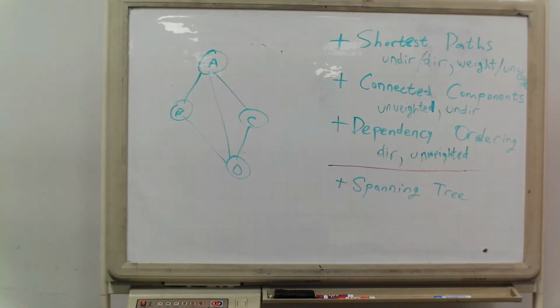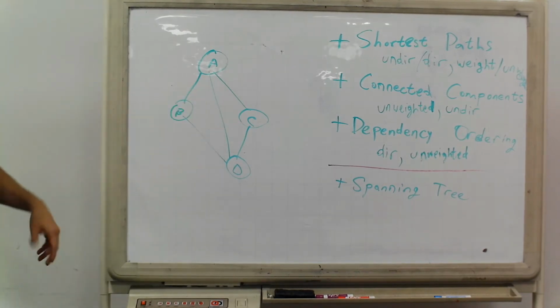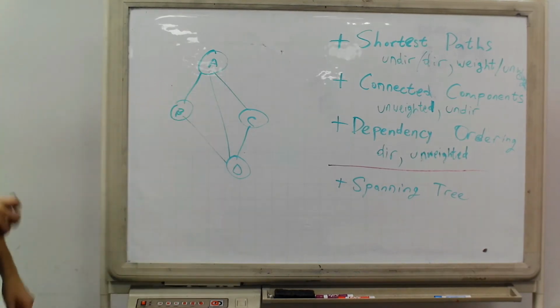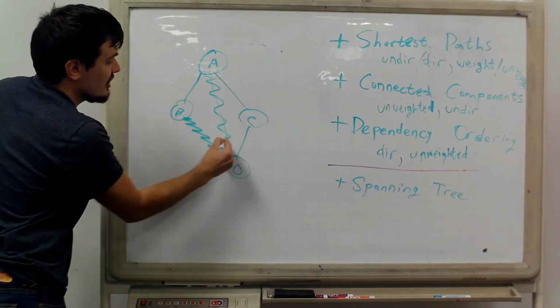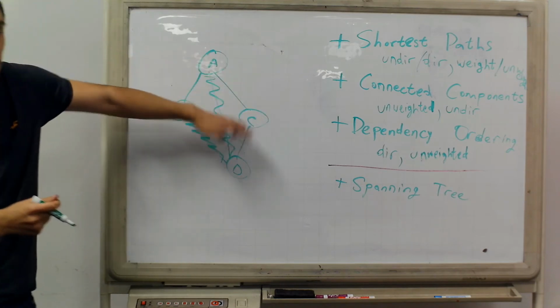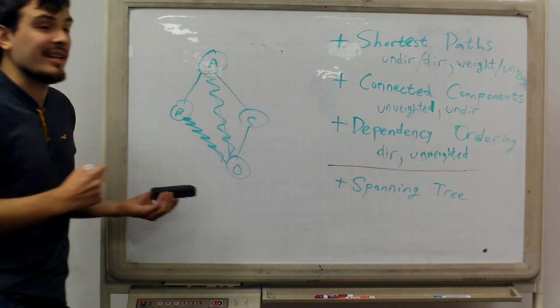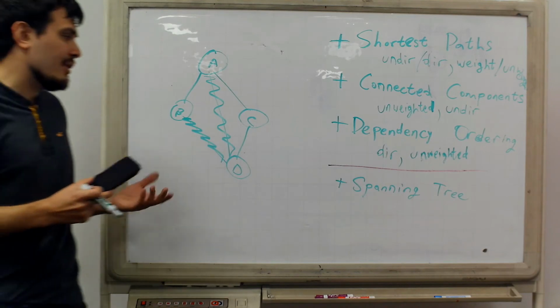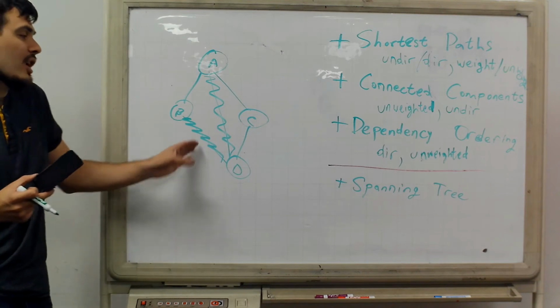A spanning tree basically asks you to delete the redundant edges, as many as possible, so that the network is still connected. So here, if you get rid of this edge, and you get rid of this edge, and you only have these left, the network is still connected. And this can be asked for a weighted or unweighted problem as well. It's only for undirected graphs pretty much, but you can ask it for weighted or unweighted.